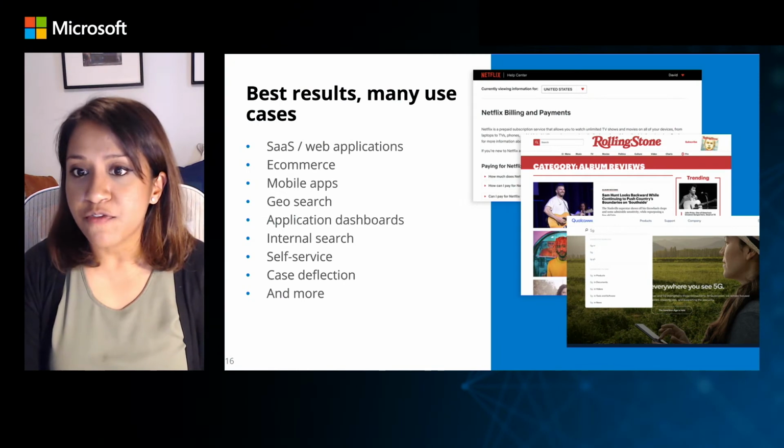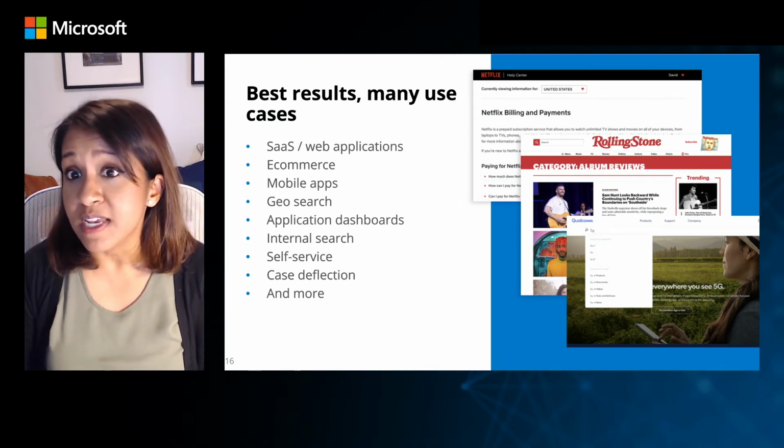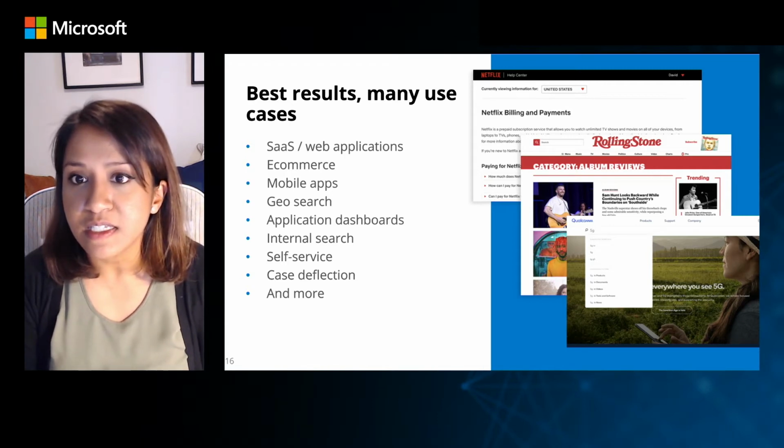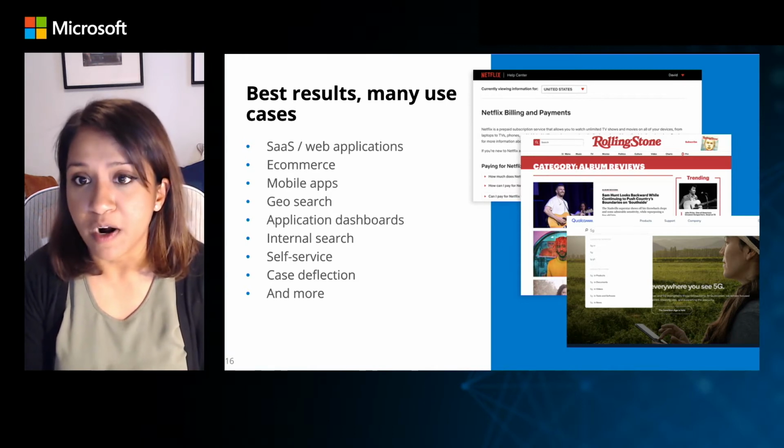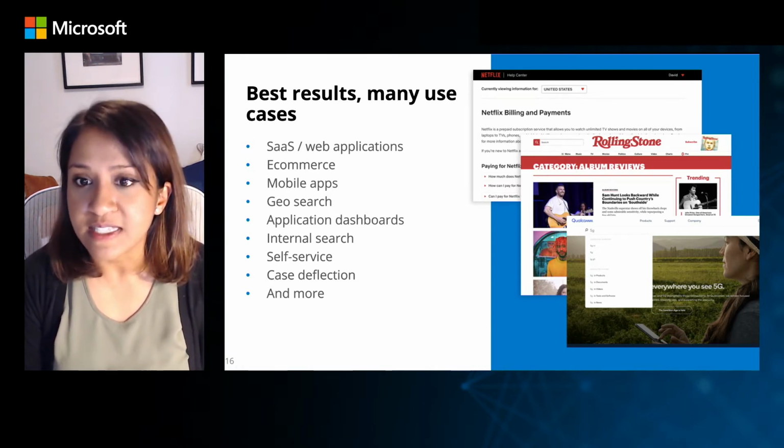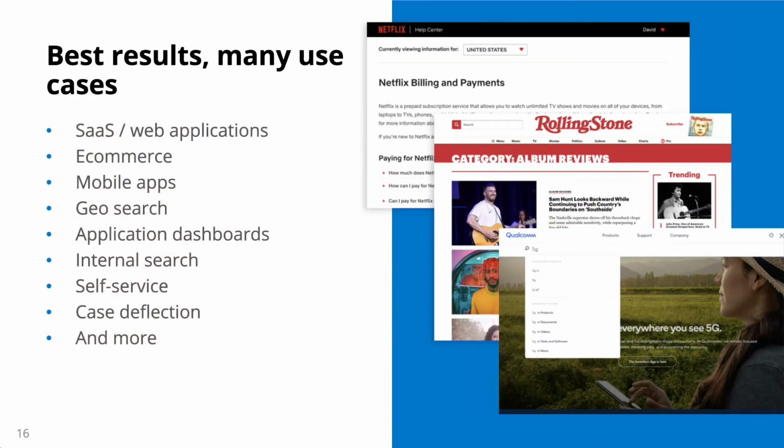So specifically for app search, we see app search used in lots of different use cases. Typically you would think of a web application or some sort of SaaS service that has a search bar, but some other use cases are to allow users to self-service, to implement case deflection.